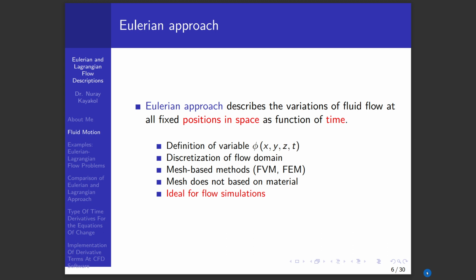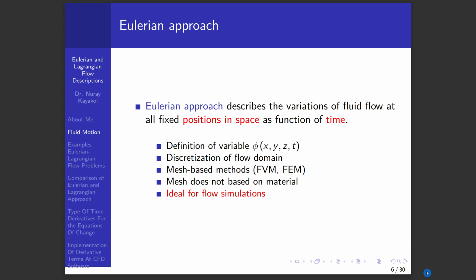You create mesh. That means you will have some kind of control volumes, and you will apply either a finite volume or finite element method. The most important feature of the Eulerian approach: mesh does not depend on material.